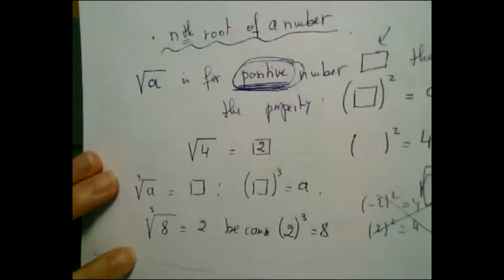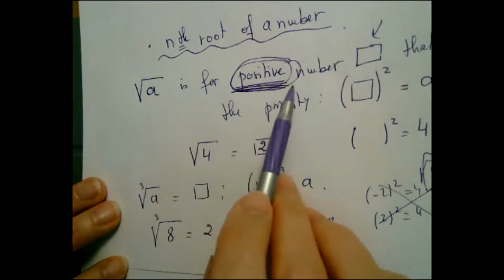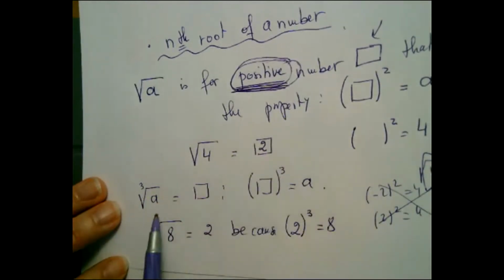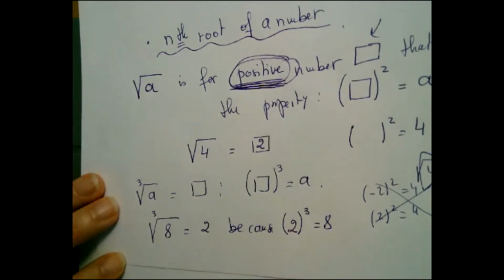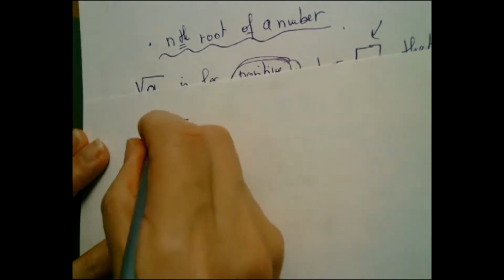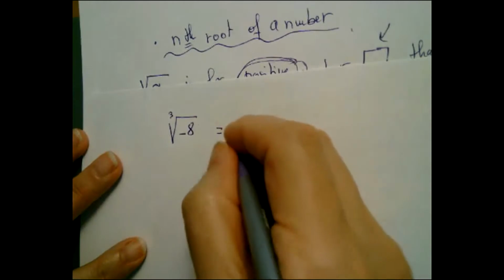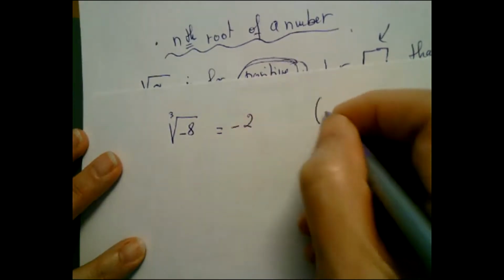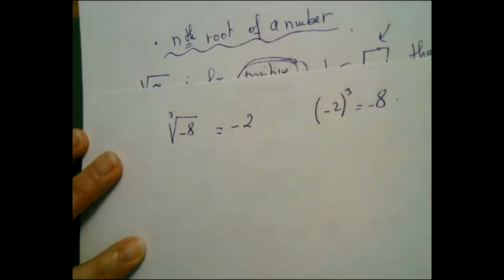Now, cubic root has no issue. I did not say cubic root is the positive number. I didn't put any restriction on it, because there is only one number. When you take it to the power 3, you get 8, which is 2, not -2, because -2 to the power 3 will give you -8. So the cubic root of -8, there is no issue with that. This is -2, because -2 to the power 3 equals -8.